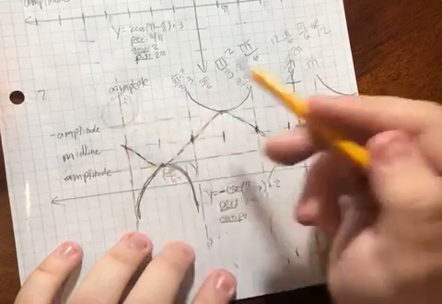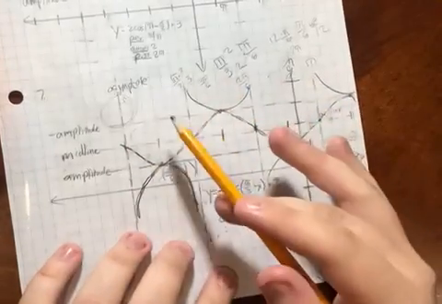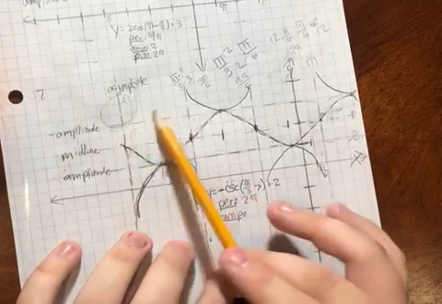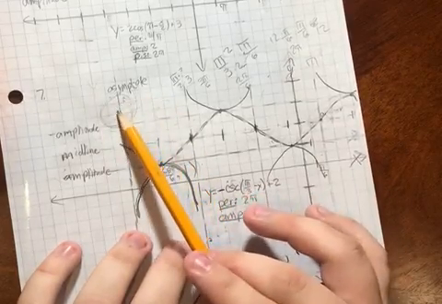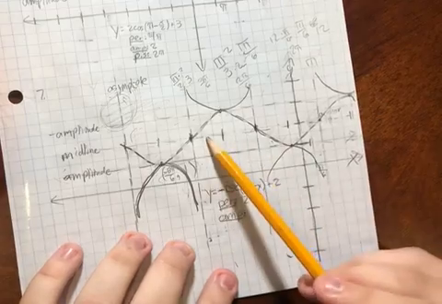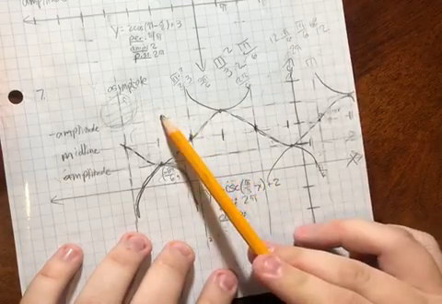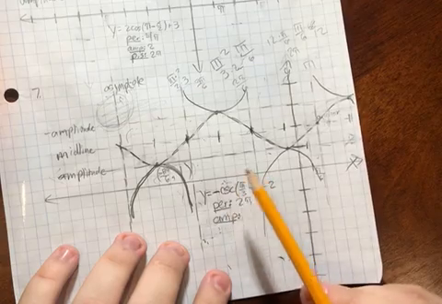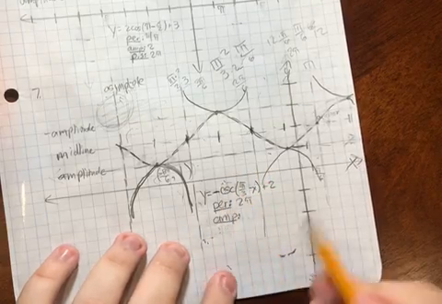Because whenever you have asymptotes in a problem, you cannot have an amplitude. So we covered in this class that the only problems that can have amplitudes are cosine and sine. Cosecant, secant, cotangent, and tangent do not have amplitudes.